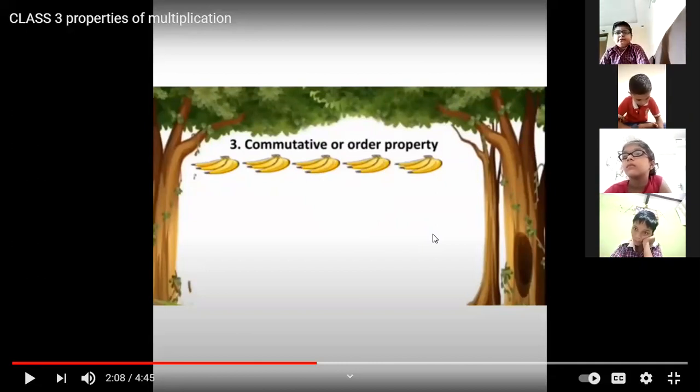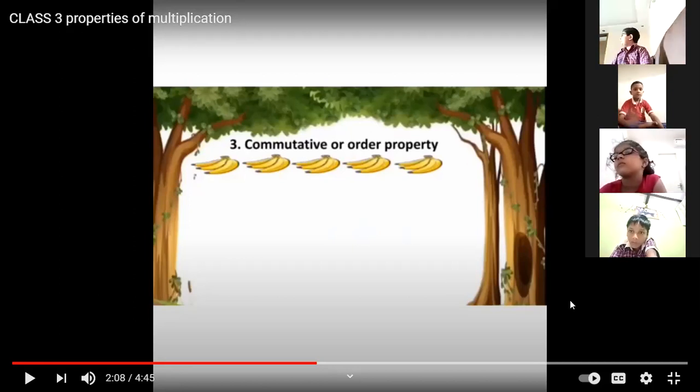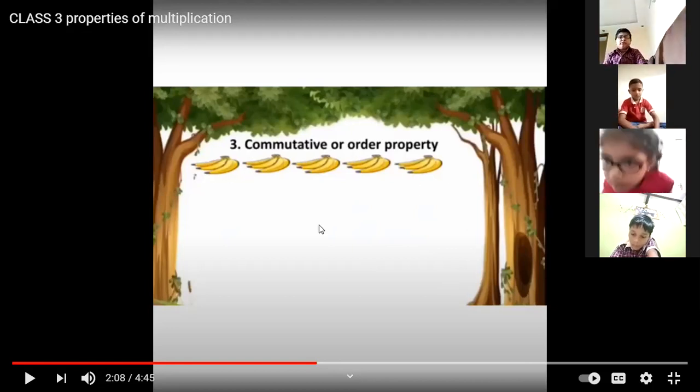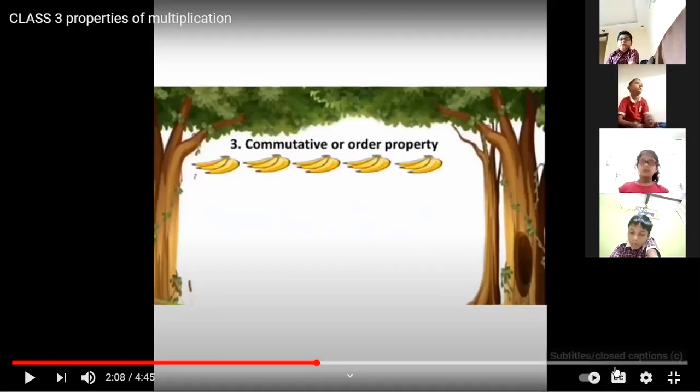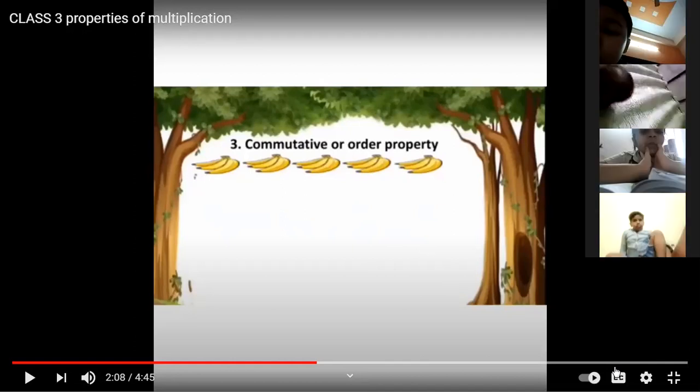Beta, again you are not listening to ma'am. Ma'am is asking how many bunches are given here. 5. Yes. So 5 bunches are given, means 5 groups are given, and in each group how many bananas are there? 3, ma'am. 3. Very good.